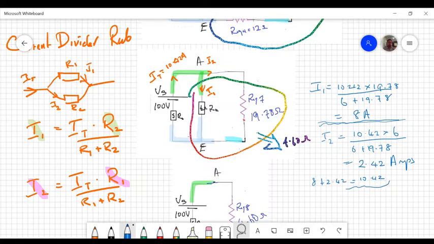So I could go and write in these currents now. I could write it in here that I1 equals 8 amps. And on this side, I have 2.42 amps.